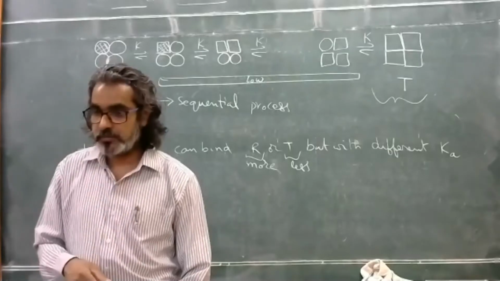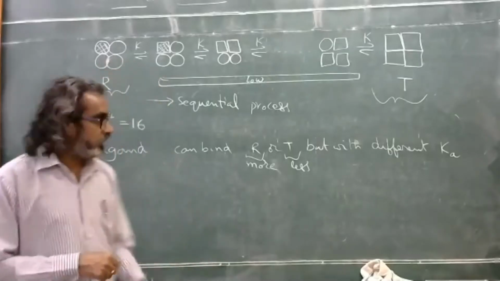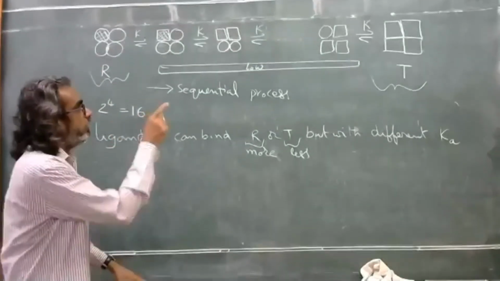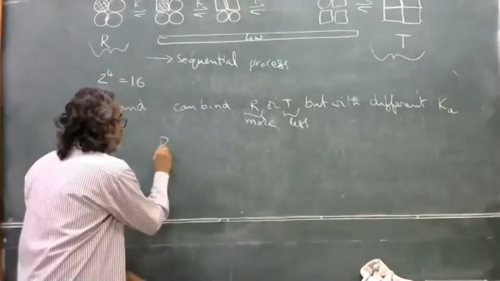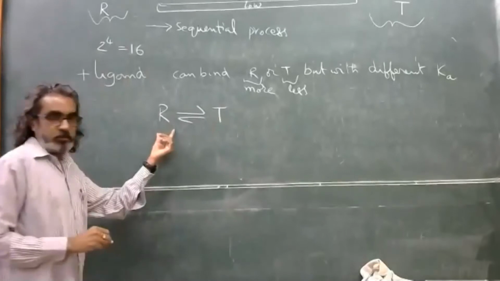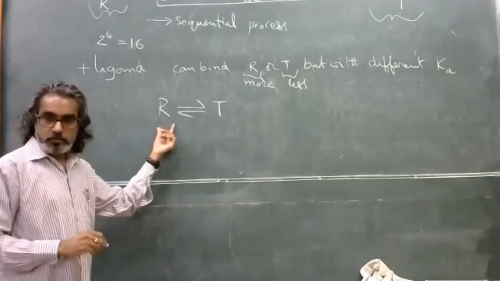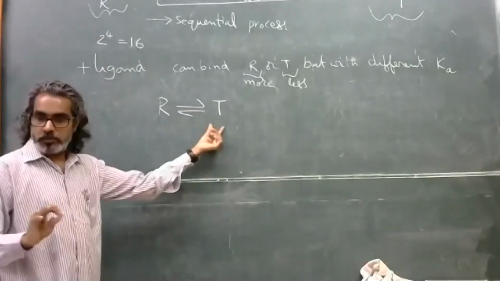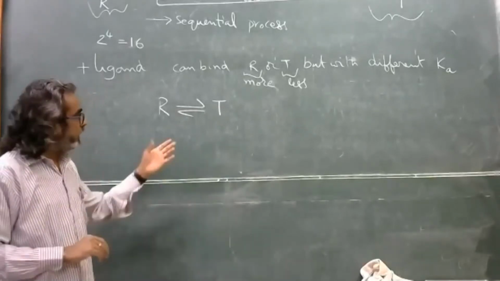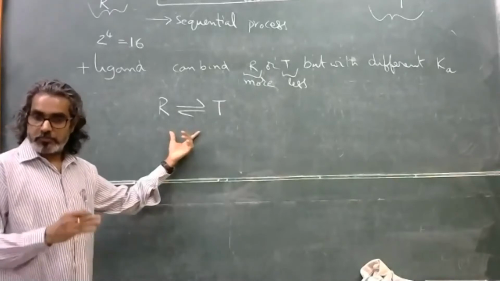Now, you have the original equilibrium, and I'll write only R and T, R versus T, assuming that in R all four are relaxed, in T all four are tensed. Now let's say you can affect this equilibrium somehow.